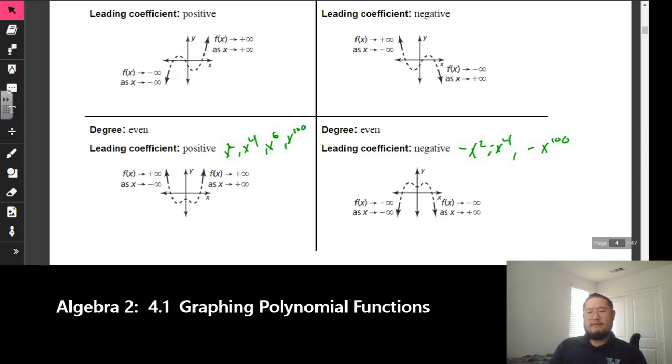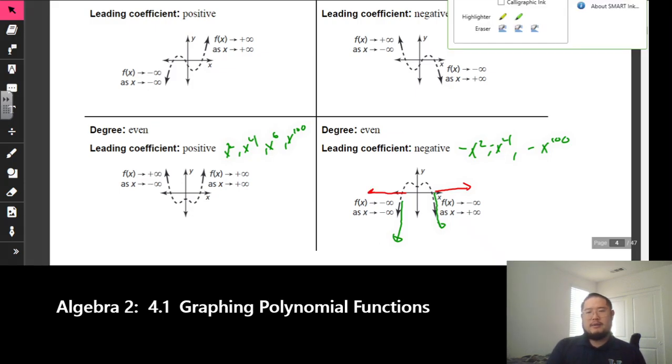As f of x goes towards negative infinity, because the function is going down, as my values of x go towards positive infinity. And likewise in the other direction: as f of x goes towards negative infinity, because once again the end behavior is that it's going down, as my values of x go towards negative infinity.